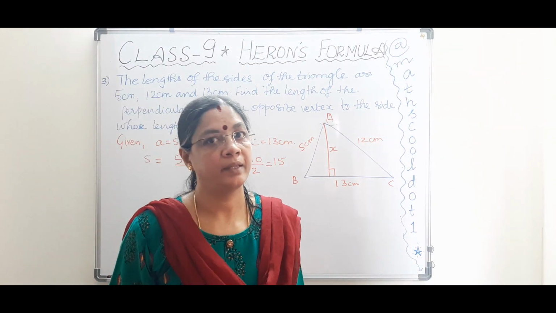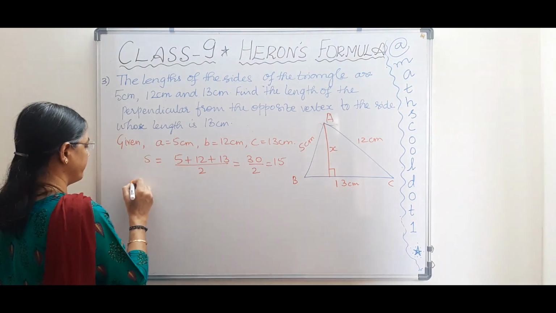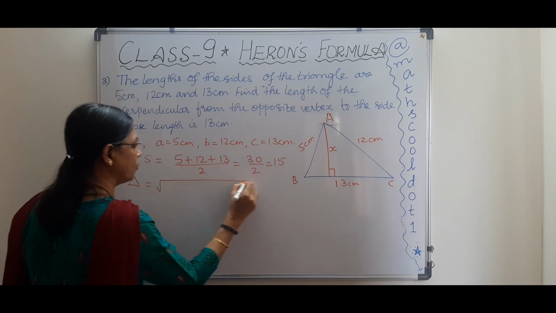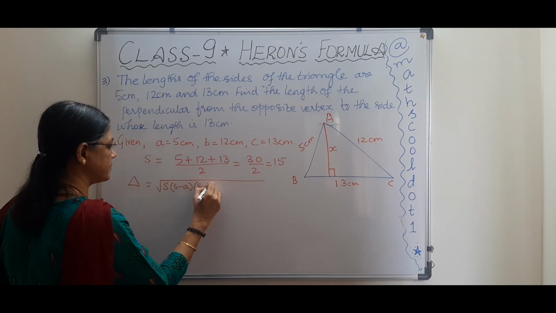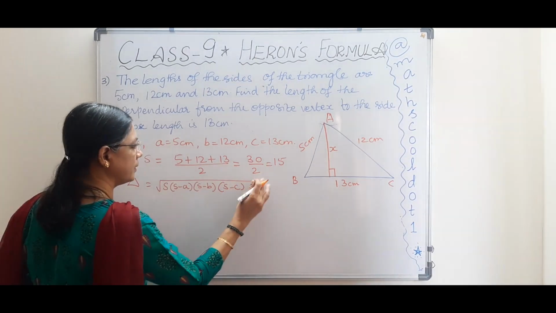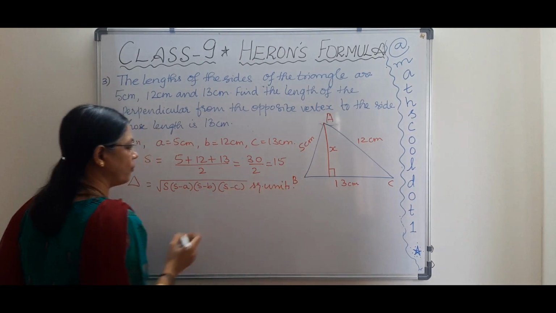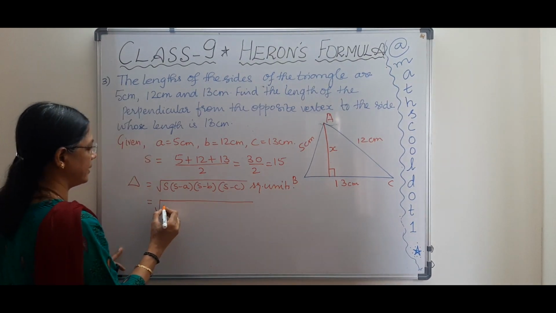So now we can find the area of the triangle too. So we'll find out what information we can get. The area is the square root of s into (s minus a) into (s minus b) into (s minus c) square units, that will be the formula, and substitute the values of s, a, b and c.